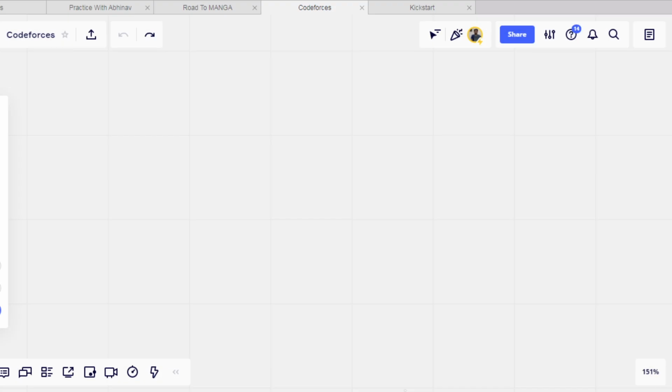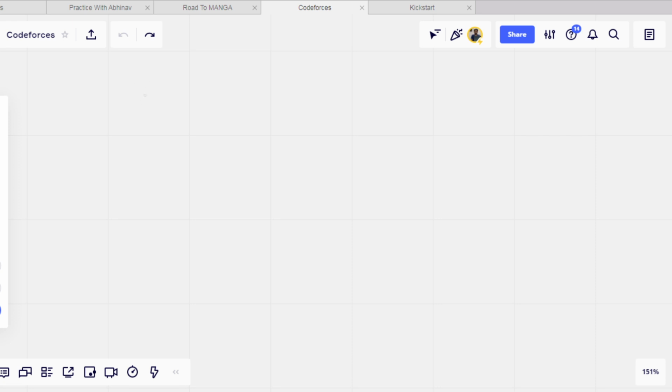Now let's move towards the logic part, what is the logic behind this problem. First, this is a totally observation-based problem.